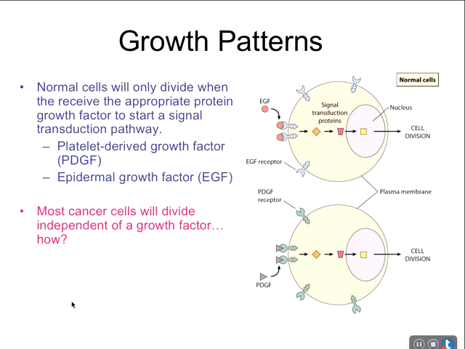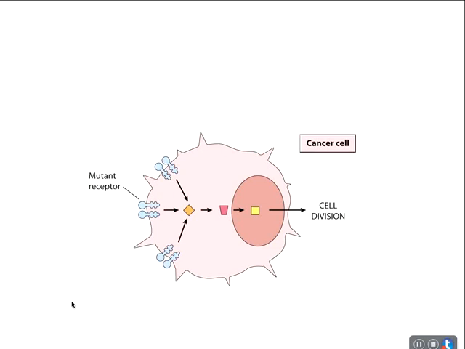And those are the three that we have identified so far as to how they can become independent of this signal. Either they mutate the receptor. If they mutate that receptor, the receptor has to become growth factor independent. So it's constantly signaling, constantly saying go through cell division. Or it could make its own growth factor.